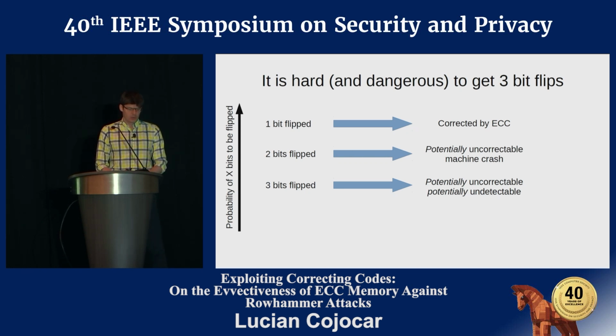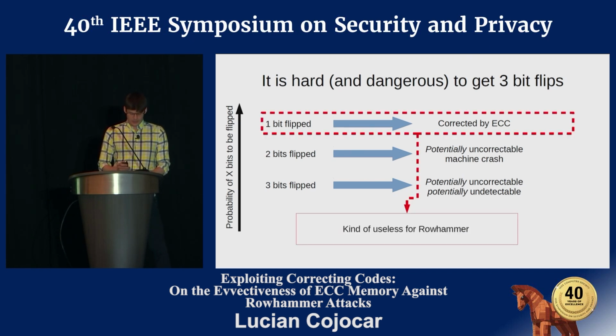I have mentioned the word potentially several times in this slide, and the reason for doing so is that some of these details are very implementation specific. So for example, not all 3 bits that are flipping can be corrected. Some of them are just not detected, right? And to put it in the Rowhammer context, if we flip 1 bit, then this is kind of useless for Rowhammer.